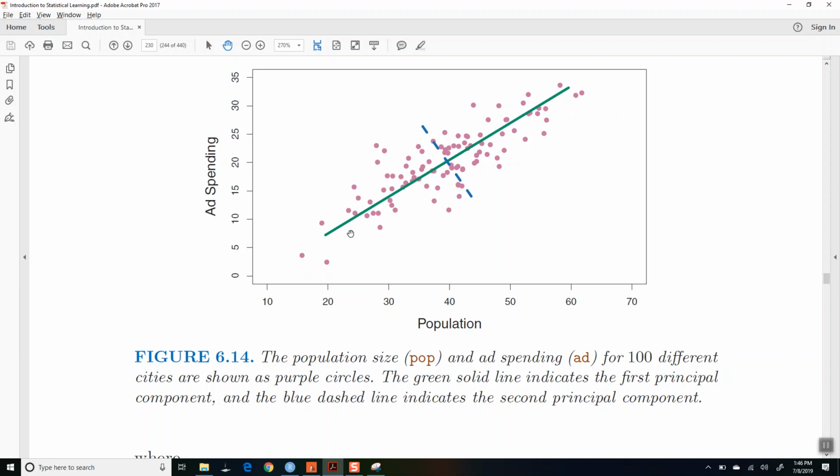So think about your SAT score. I don't know if you had to take the SAT, but you take different tests: there's the verbal and then the math. So there are technically two dimensions. But rather than saying, I got 800 math and 600 verbal, and somebody else says, I got 800 verbal and 600 math, you can just report your total score and say, I got 1400 on my SAT.